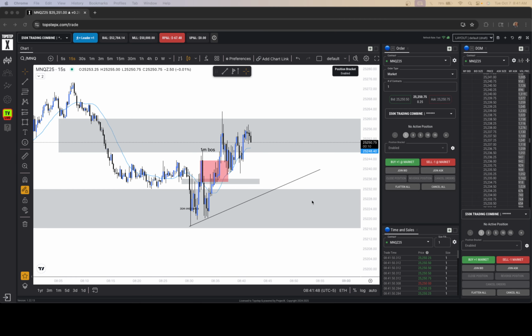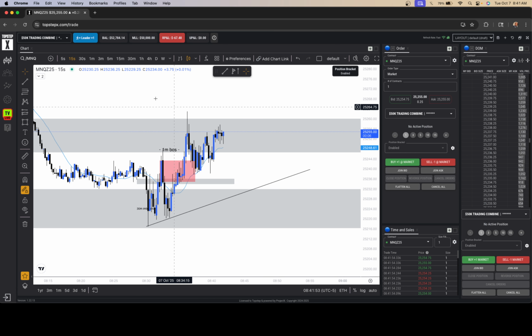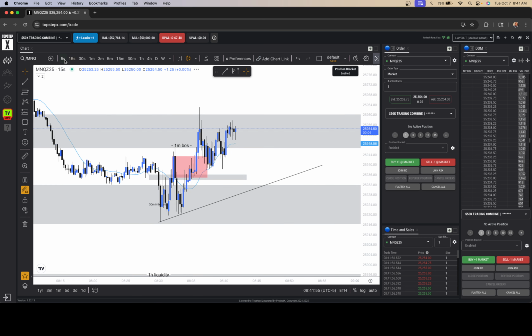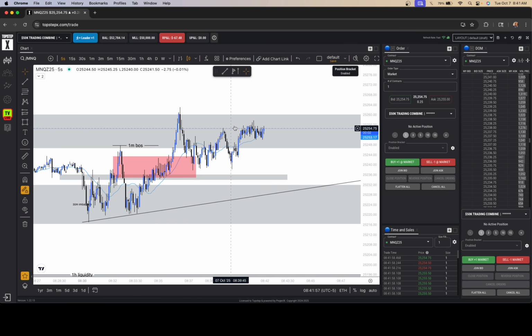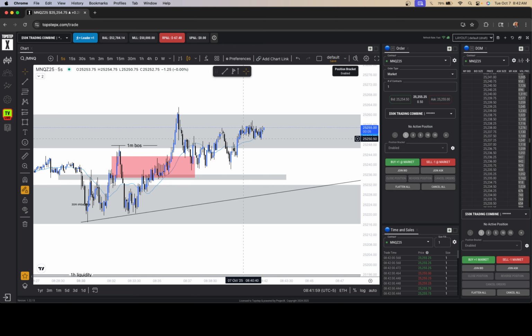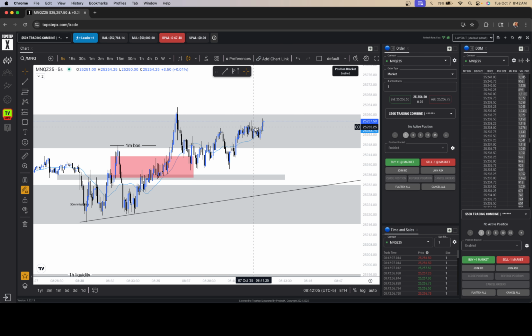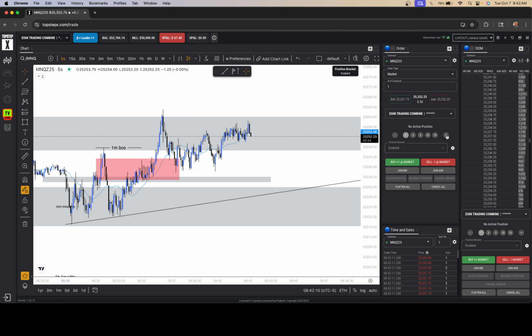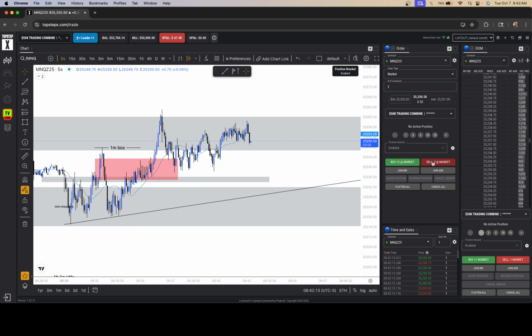Trying to wait for the perfect moment. Not much to say at the moment. Just kind of looking at lower time frame structure, trying to see if we can get in on like a nice little sniper entry.